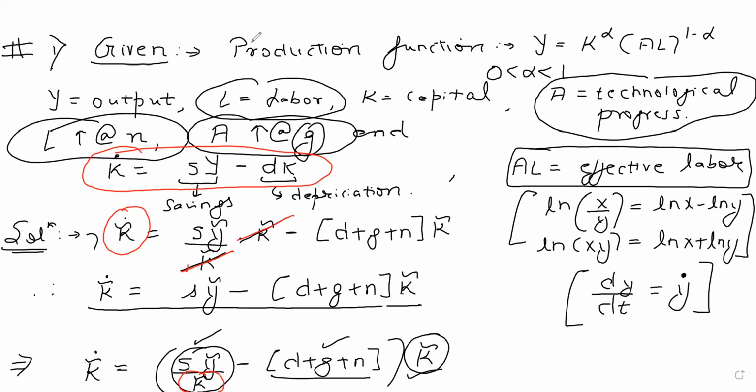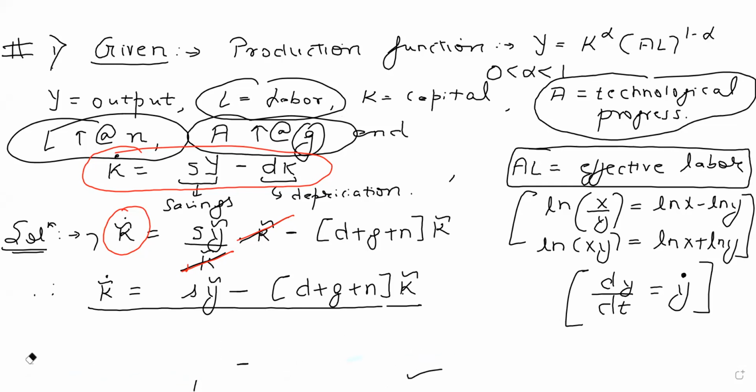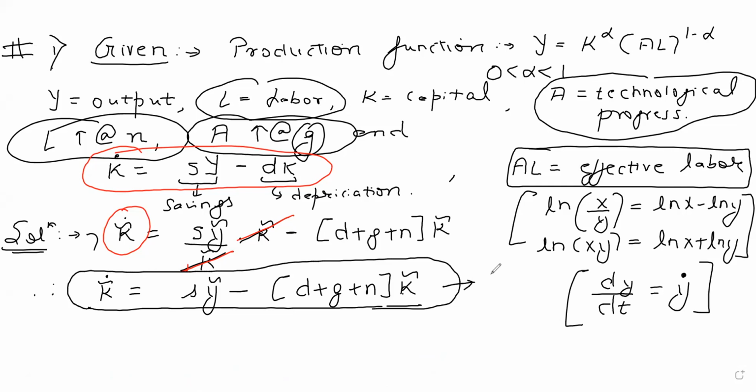So now what we are going to do is solve for the steady state. I'm erasing the bottom equation. We finally have the equation in front of us, called the capital accumulation equation. It is showing how the capital stock per effective labor is evolving over time.